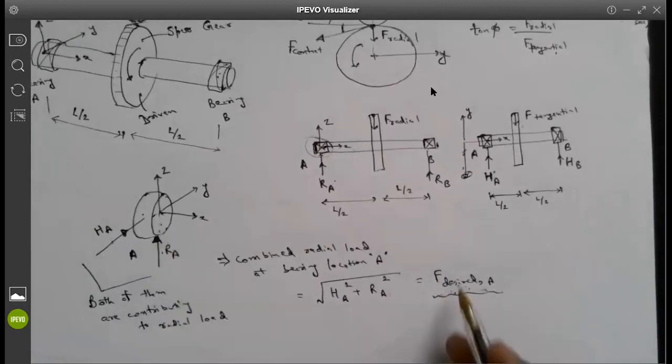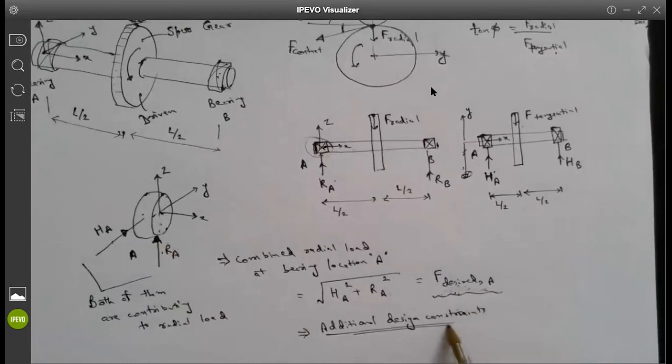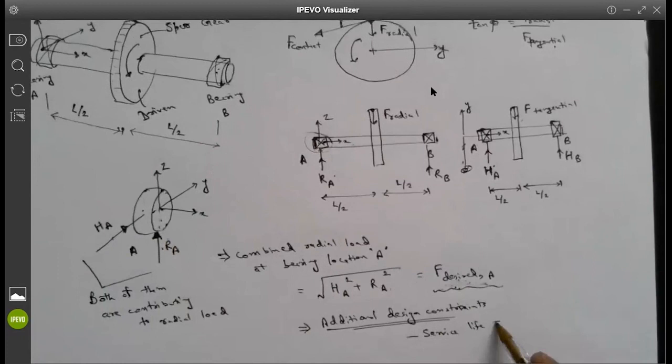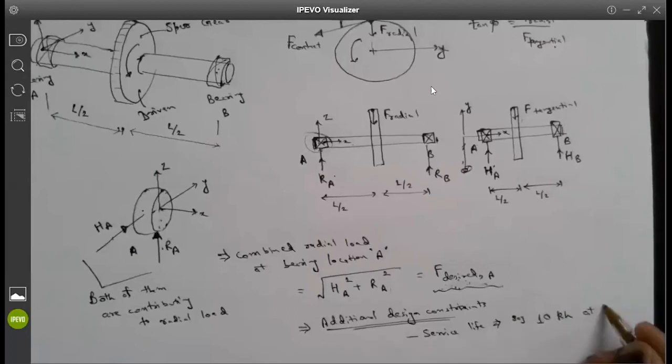Now on top of that, you provide additional design constraints. And what are those additional design constraints? My service life is going to be, let's say, 10,000 hours at 50 RPM.